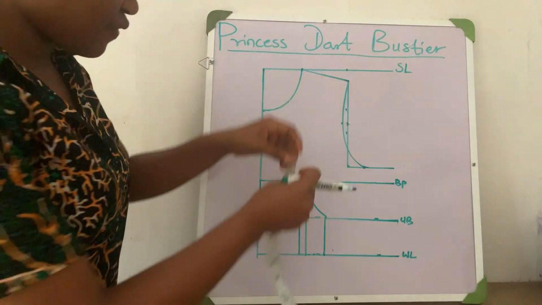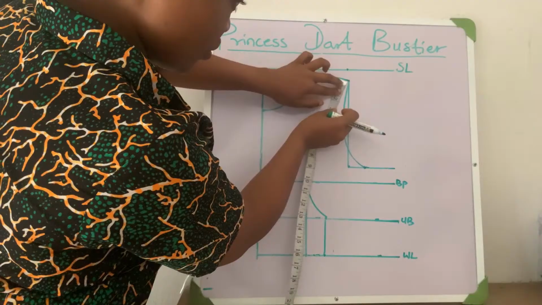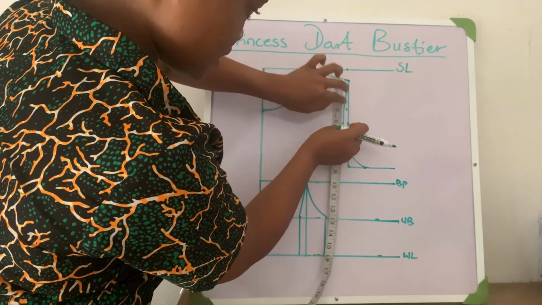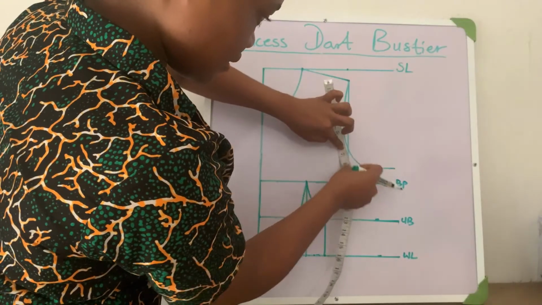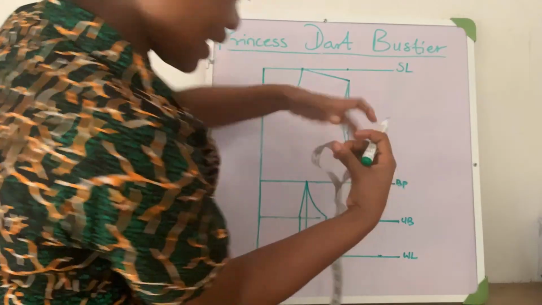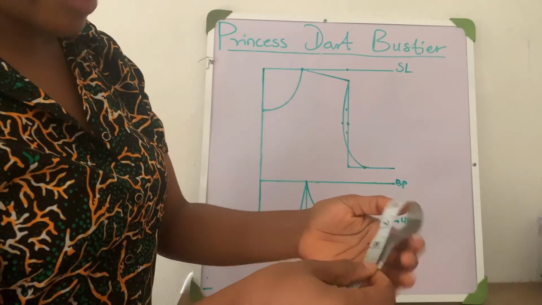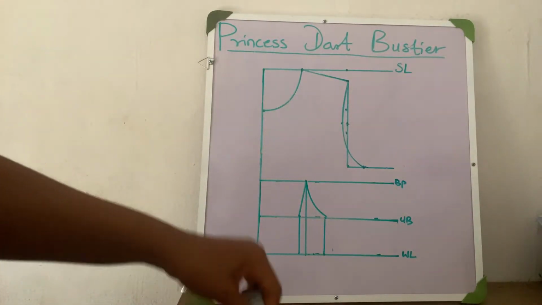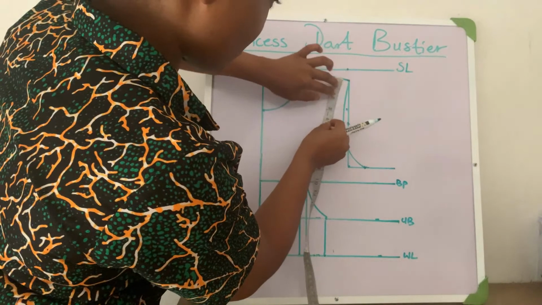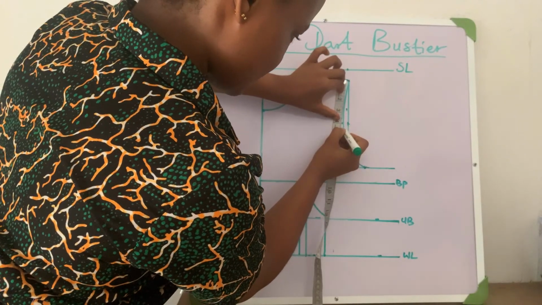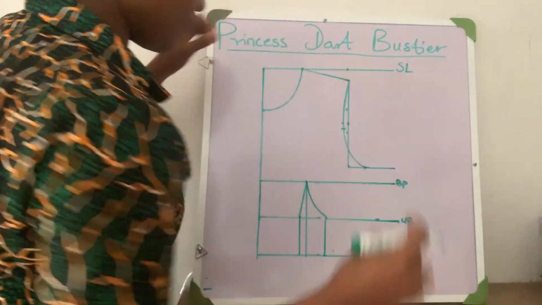Now to get the princess dart curve, measure what you have from this line. So what I have is 9 inches. 9 inches divided by 2 is 4.5, right? You mark 4.5 from here to this point. So this is where my 4.5 is.